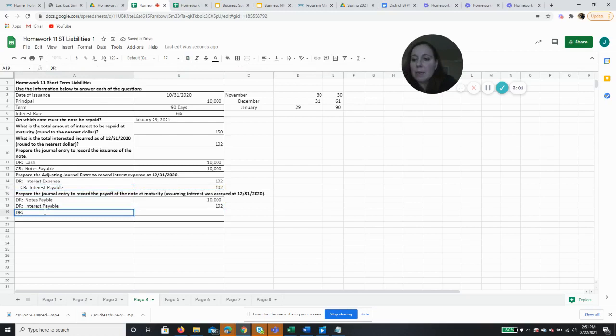And then we're going to debit interest expense for the interest expense that belongs in 2021, which is going to be our total interest of 150 minus the 2020 interest, which was 102, so $48. And we're going to credit cash for the principal plus the interest, $10,150, which is the $10,000 plus the $150 we owe on the total note.